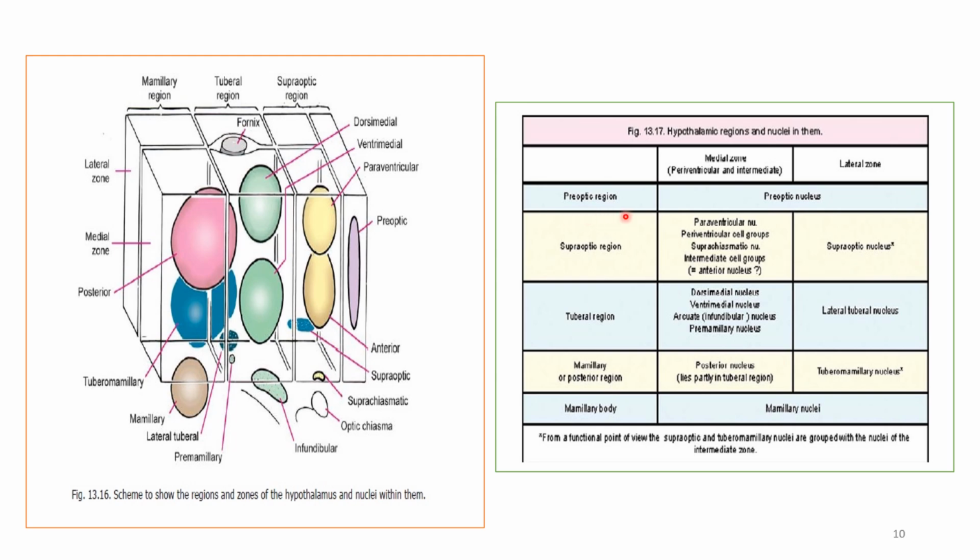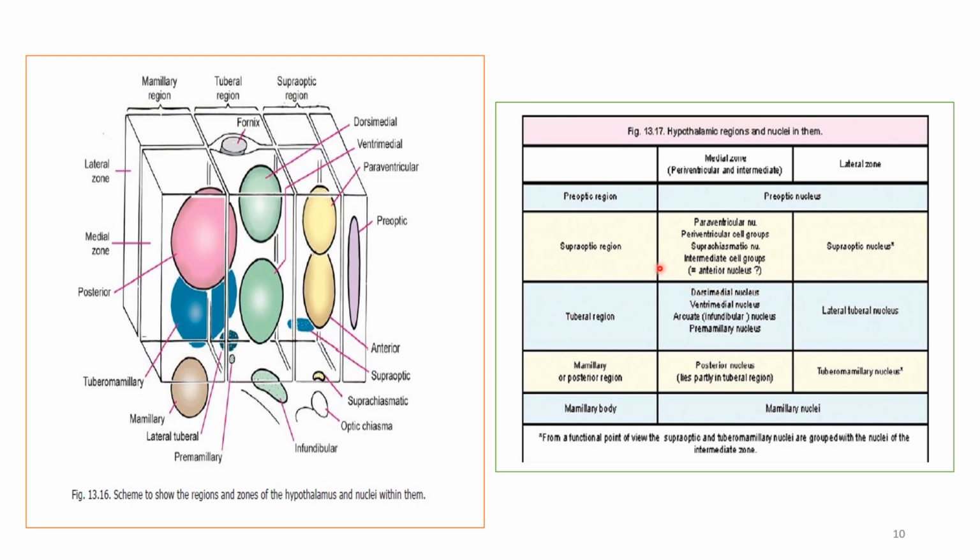The preoptic region is composed of preoptic nucleus, which is situated both in the medial zone and lateral zone. Then coming to supraoptic region. In the medial zone, we have paraventricular nucleus, periventricular cell groups, suprachiasmatic nucleus and intermediate cell groups, or it may be called the anterior nucleus.